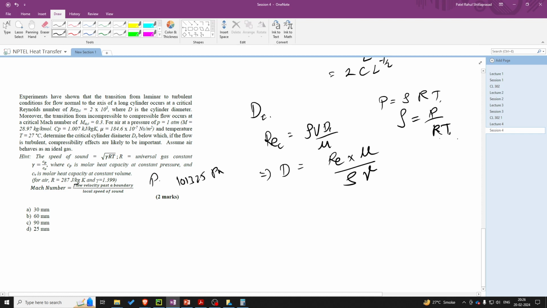The other thing remaining is to find the velocity. For velocity we need to use this Mach number. Mach number is given as the flow velocity past the boundary, that is v, upon the local speed, that is c. The local speed is given by this equation, under root of gamma RT.